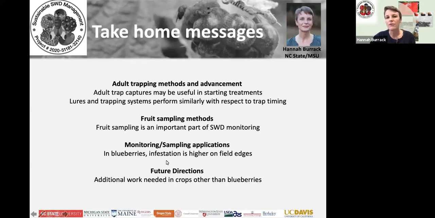And then as Phil and Vaughn indicated, in blueberries, infestation appears to be higher on field edges, and these fruit sample programs are able to improve management outcomes for stakeholders. However, we have done most of this work in blueberries thus far, and so we need to expand these applications on farm to crops beyond those systems and throughout our national program.